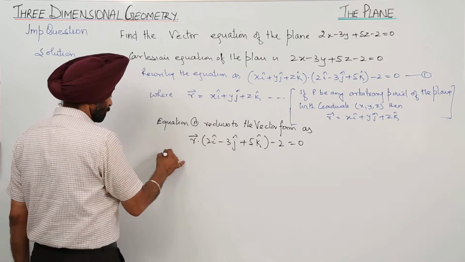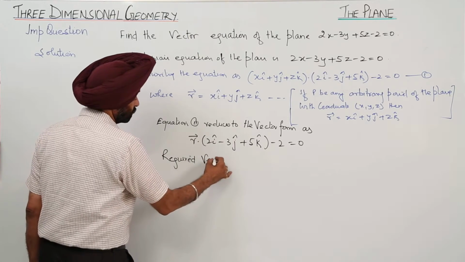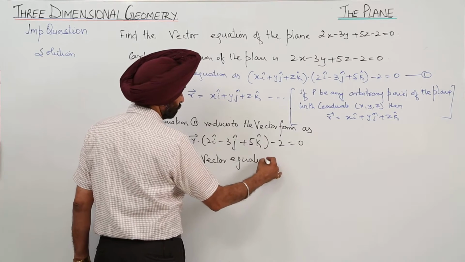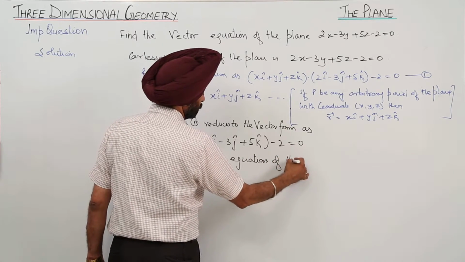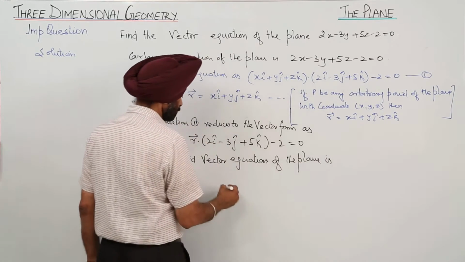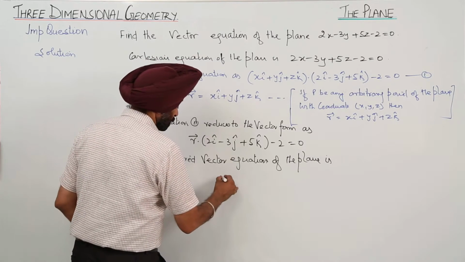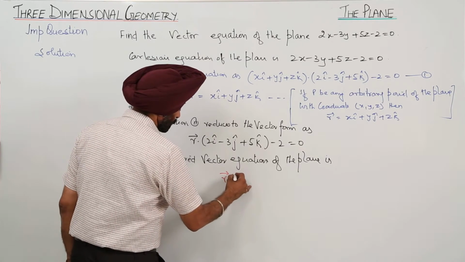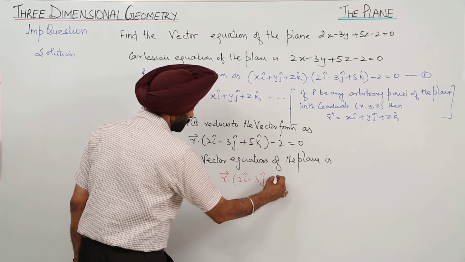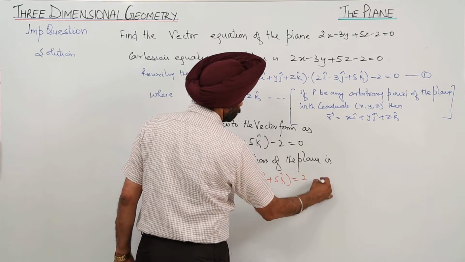Now, required vector equation of the plane is vector r dot 2 i cap minus 3 j cap plus 5 k cap is equal to 2. Answer.